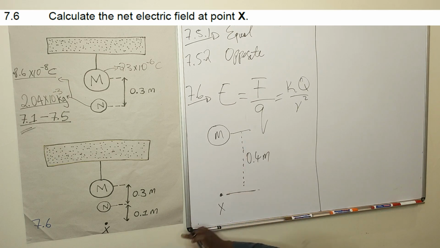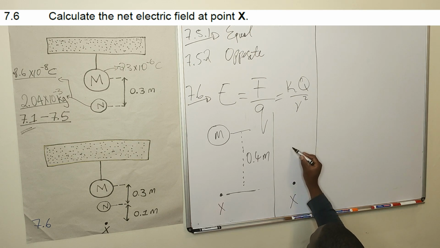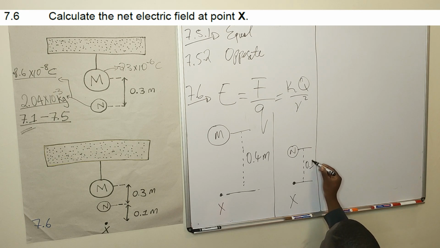Also, let's look at these two now, in a separate diagram. You have X here and your sphere N here. The distance between the centers of these two is 0.1 meters.